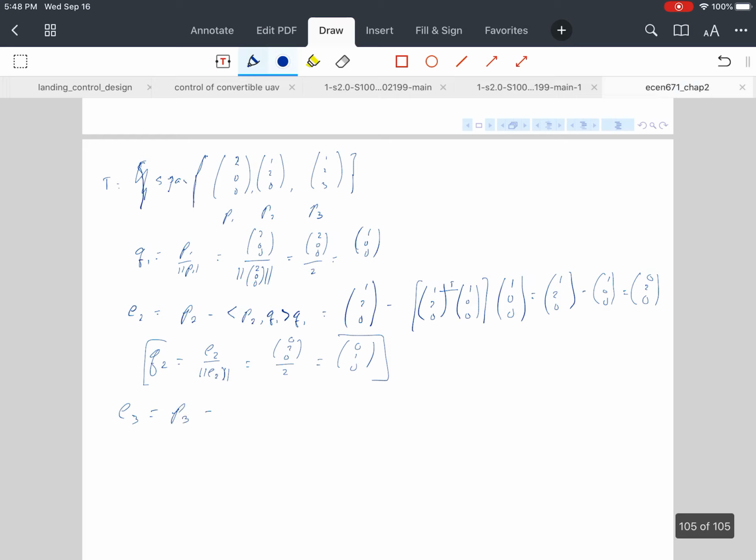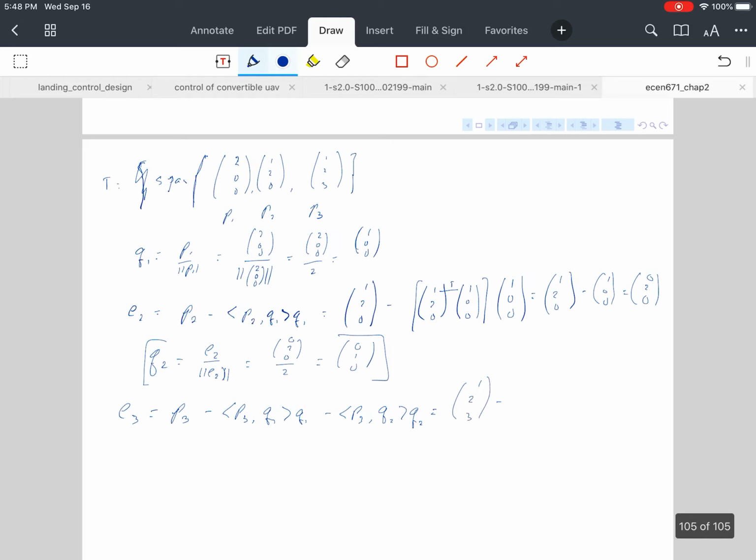And now E3 is going to be P3 minus the inner product of P3 with Q1 in the direction of Q1 minus the inner product of P3 with Q2 in the direction of Q2.